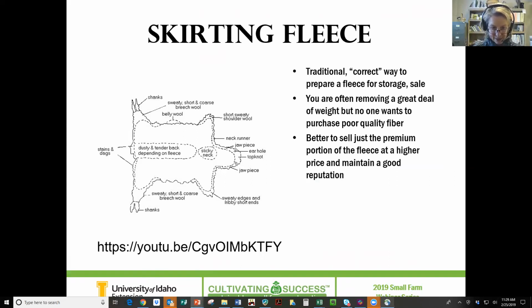So the leg sides are folded towards the middle, and you run your hands along that cut edge, and you try to remove all your second cuts, which will be little balls, these little short things. I had one identified here, and they just tend to be right along the cut edge, and you can just roll them off with your hands, get rid of those that are not any good.